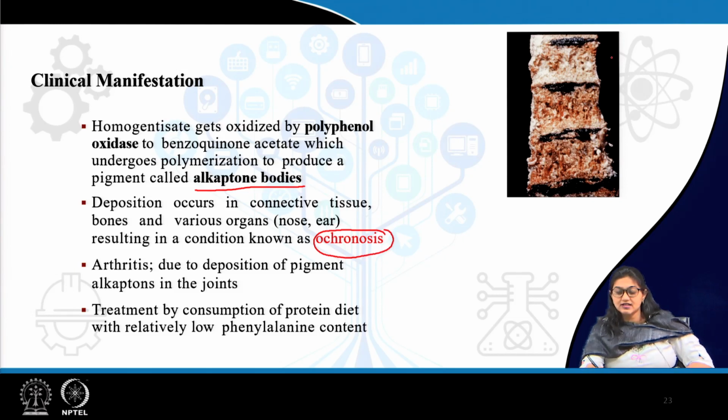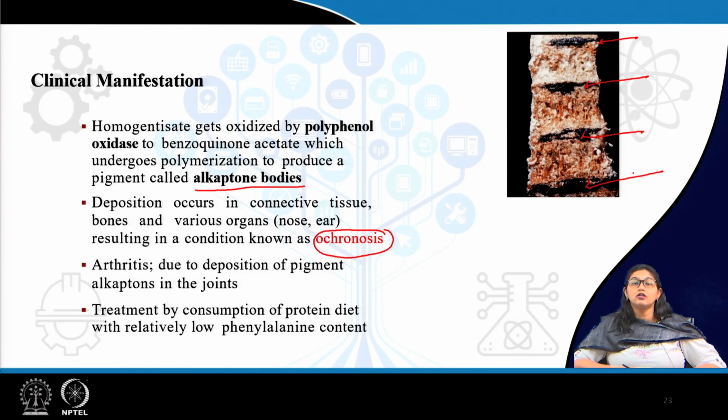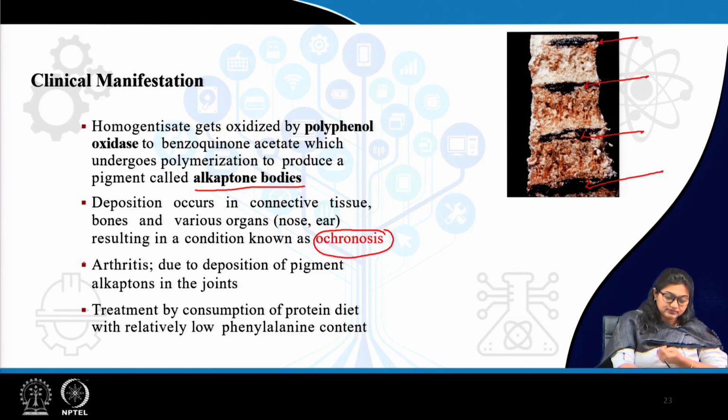You can see this is the vertebral column, and these blackish stains are basically ochronosis, or accumulation of alkapton bodies. Also, this can be accumulated in different types of joints, causing arthritis.